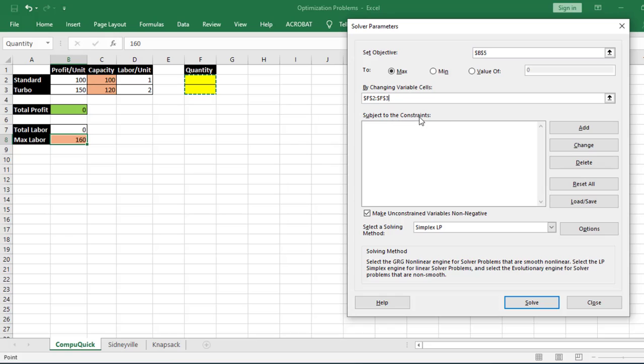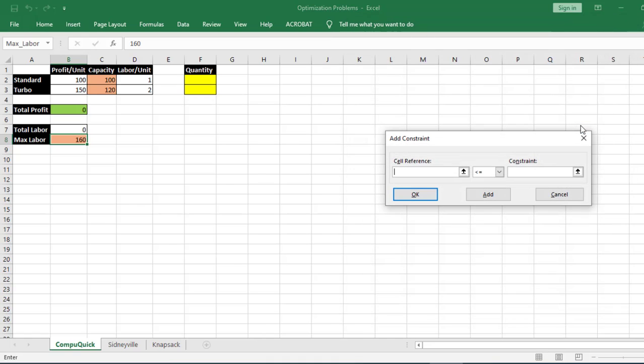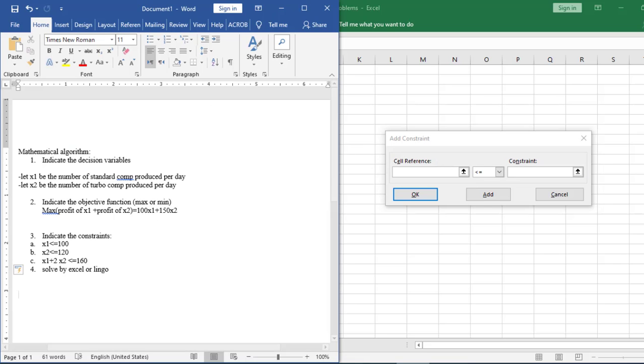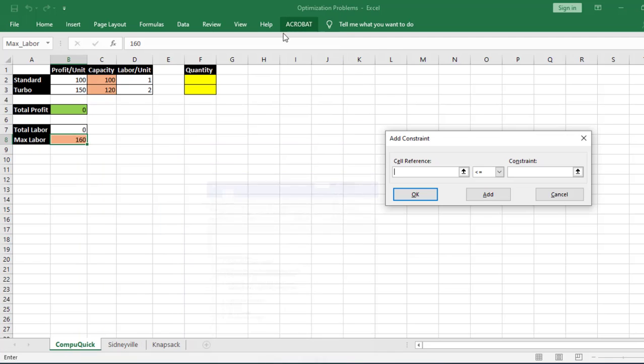Subject to the constraints. What are the constraints? I should indicate here the constraints. So I'm gonna click on it. The first constraint, if you go back to your mathematical algorithm, is that x1 should be less than 100. What is x1? It is this cell, it should be less than or equal, so you should indicate here less than or equal to what?